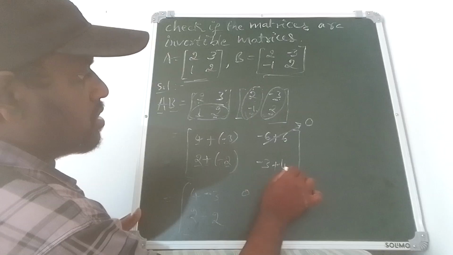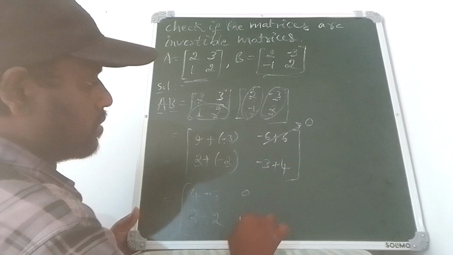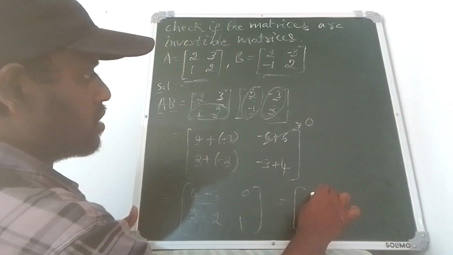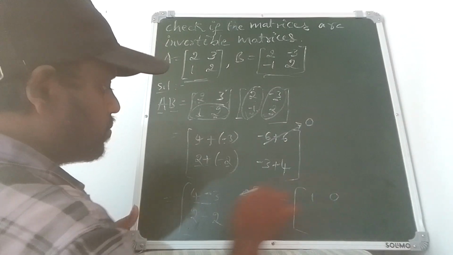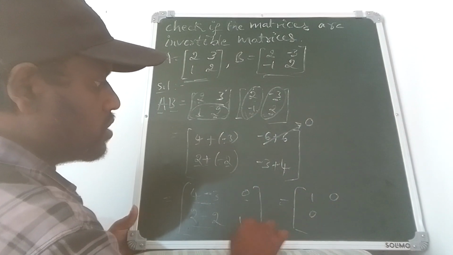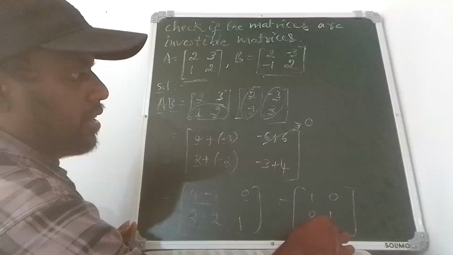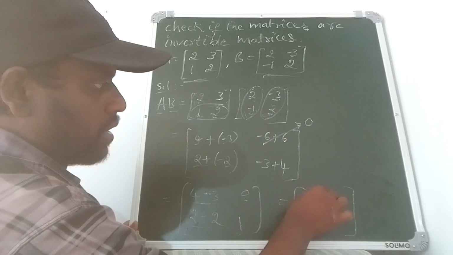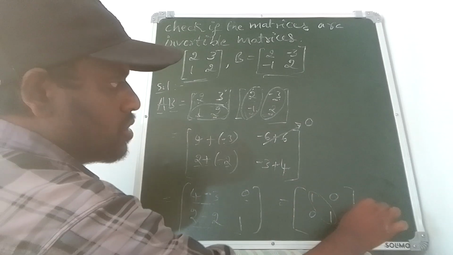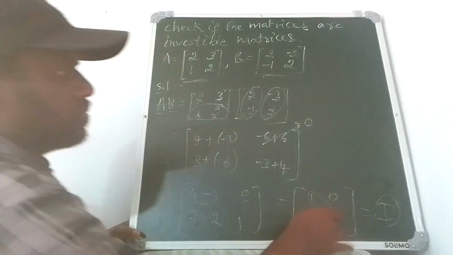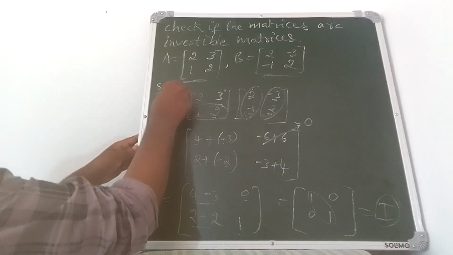Next minus 3 plus 4, minus 3 plus 4 is 1. Simplification again. 4 minus 3 is 1, this 0. 2 minus 2 is 0, this 1. See, these two are zeros and diagonal elements are 1, 1. So this is identity matrix, we call it as I. Okay. So we found AB.